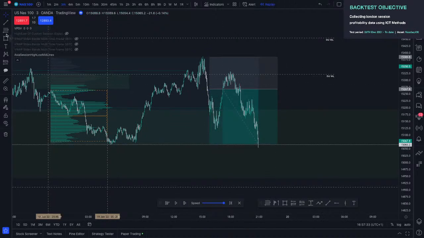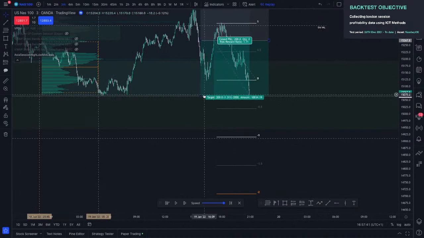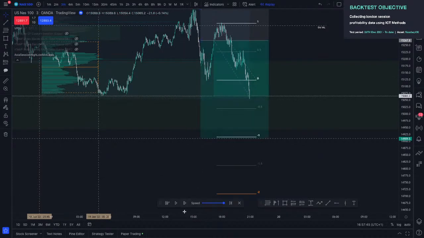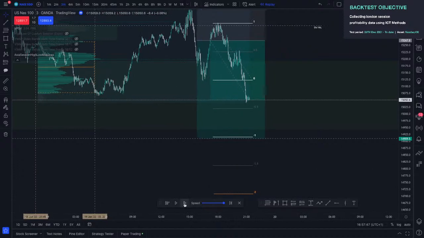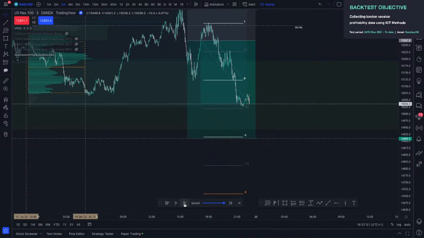So wait, if I had to plot my two standard deviation at this point, it says we are reaching this low. So if I'm targeting the monthly VWAP, what is it going to look like? That's the end of the day already.